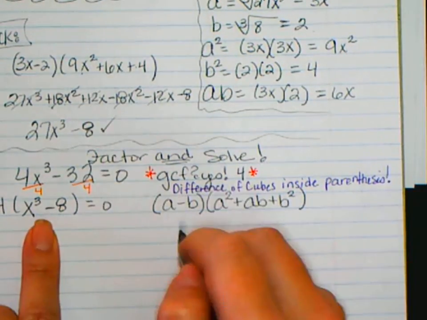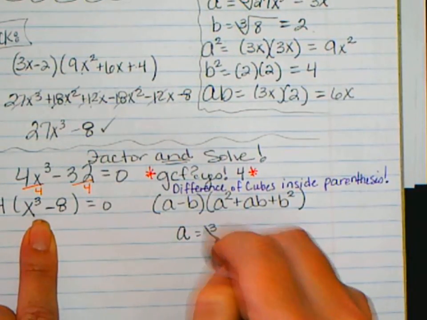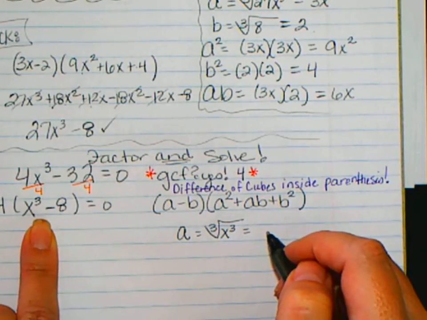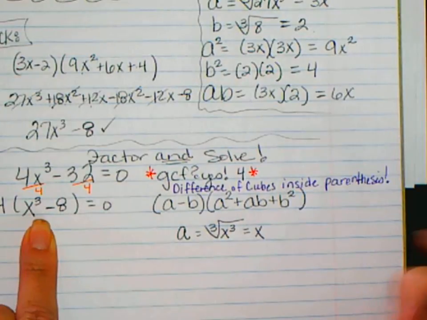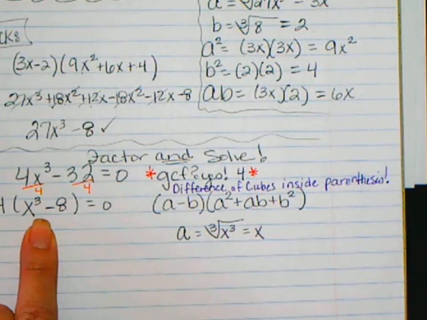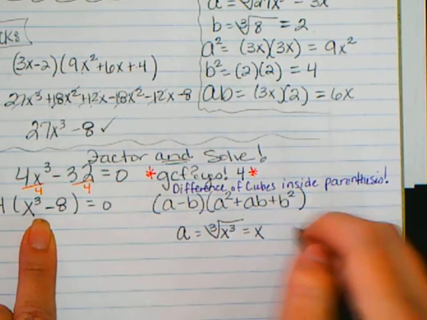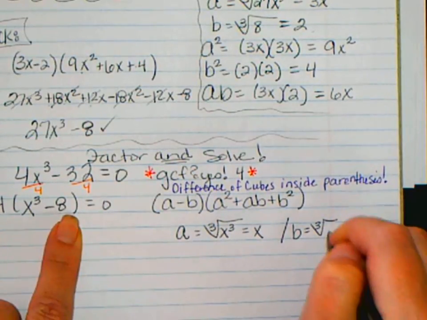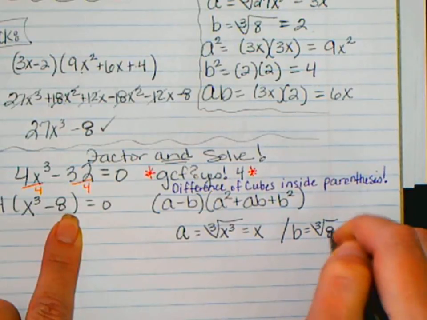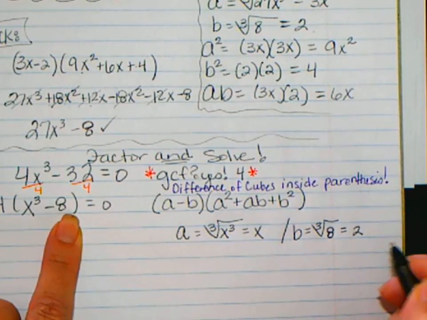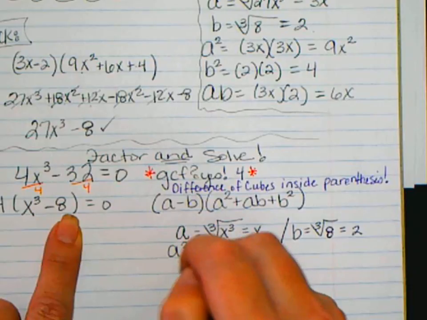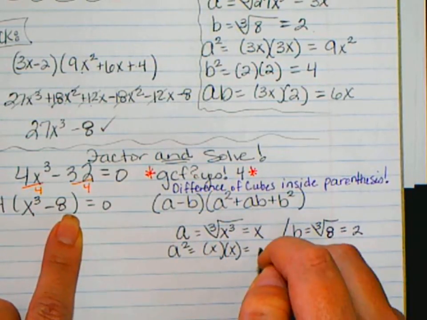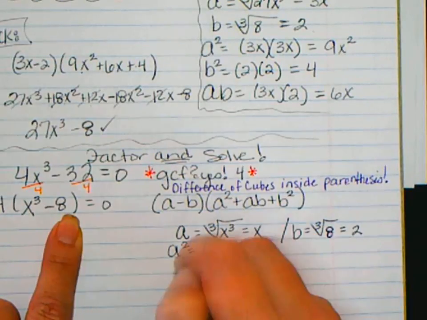So to find A, I need the cube root of x cubed, which is x. I'm going to write this in a different way this time because I need more space since we're solving. To find B, I need the cube root of 8, which is 2. To find A squared, take whatever you have for A, square it, and you will get x squared.